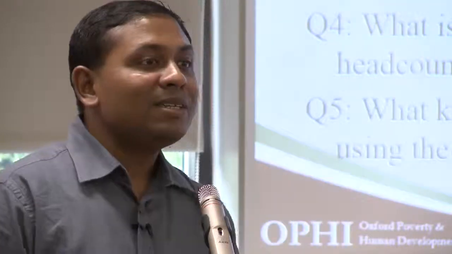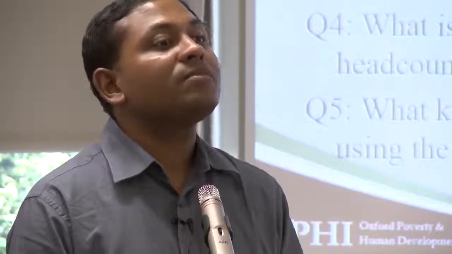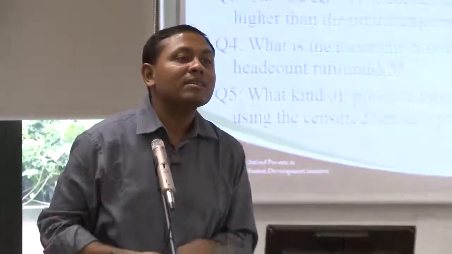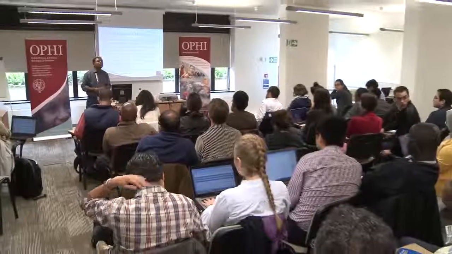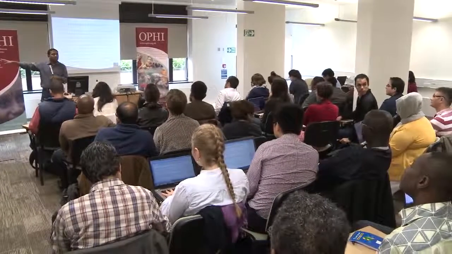Yes, please. So uncensored, we're focusing on the whole society, whole population, and censored on the poor. Anything else? What is the definition of uncensored headcount ratio? It's the headcount ratio of the entire population, for a particular dimension, irrespective of other dimensions.